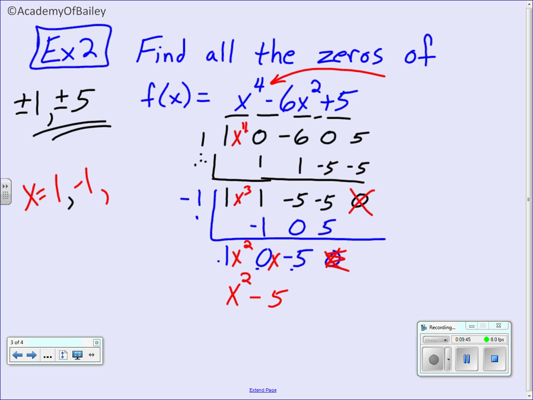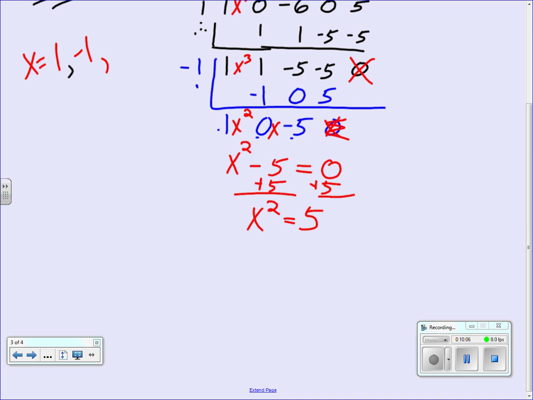Well, remember, we're trying to find zeros, so we need to figure out where that's going to be equal to 0. Add 5 to both sides. x squared is equal to 5. How are we going to get x by itself? Square root of both sides. So the square root of x squared, they cancel each other out, leaving us with x.